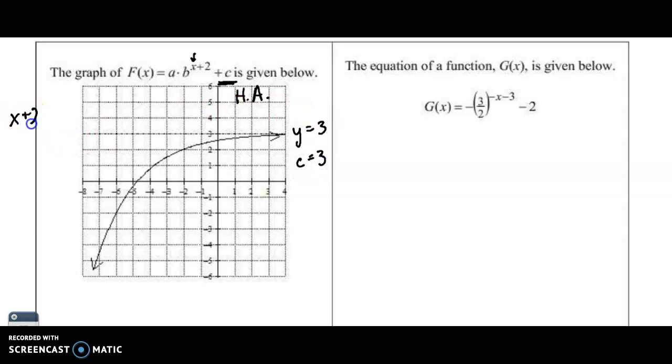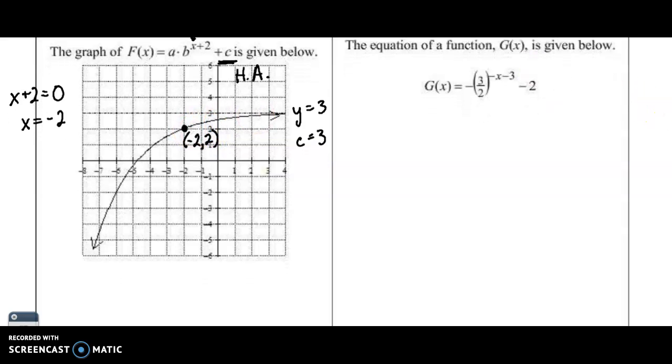So if I set the exponent equal to 0, then I want to figure out when x equals -2, what's the y coordinate? I think it's pretty clear that the y coordinate is 2. So right now all we know is a times b to the x plus 2. We know the c value is 3.